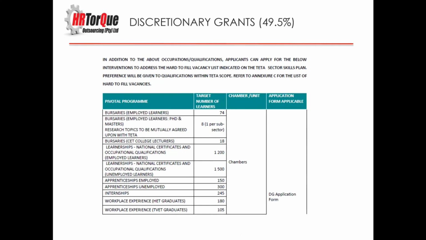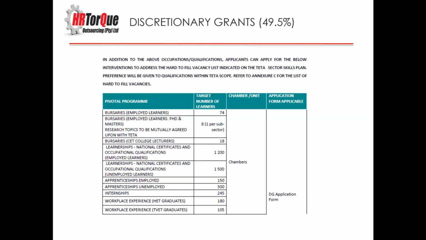They'll do a PhD and master's for 8 and then 1 subsector. They will also do bursaries in a CET college, learnerships for 1,200 learners, and so they go. And these are the kinds of things, and each CETA is different. Some are obviously better than others, but each CETA will do this, not at the same time, but they will then share this information to let you know what it is.